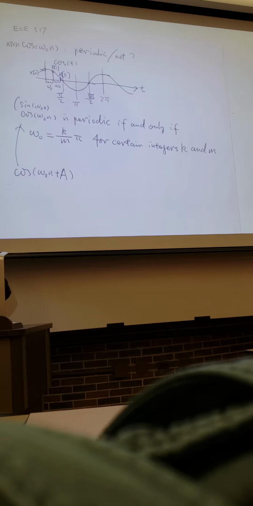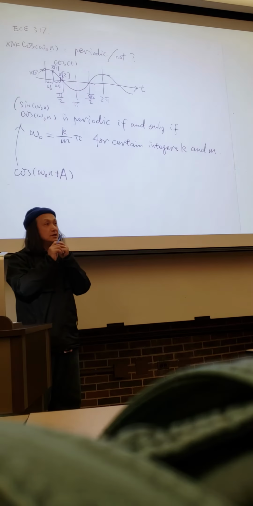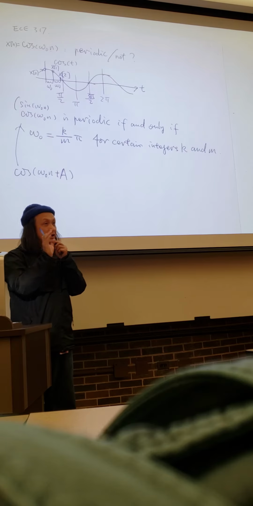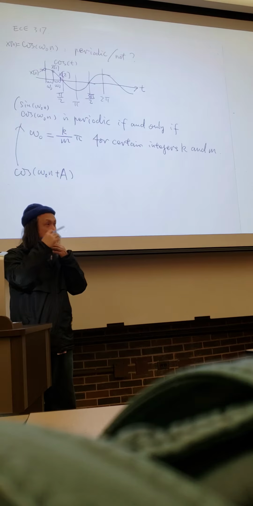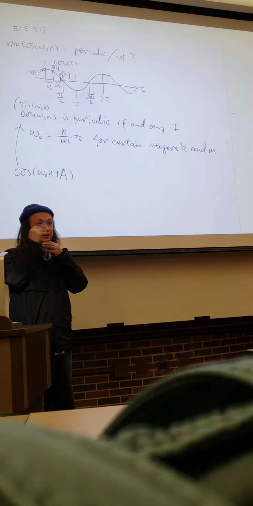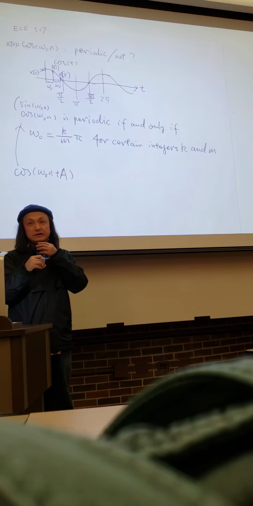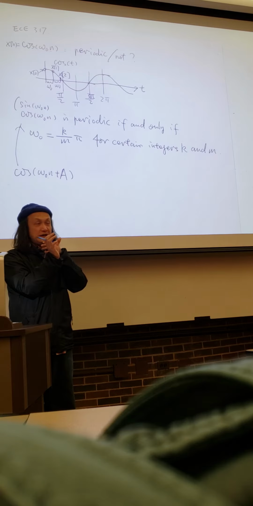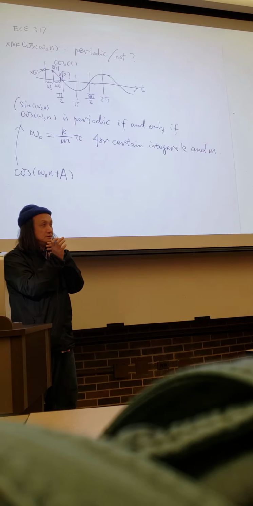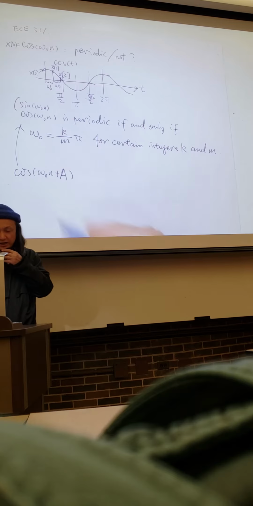It makes sense because in the discrete time case, we need the period to be an integer. This is a strong restriction. The period must be an integer. And for the continuous time case, the period could be any number. So we have this difference.